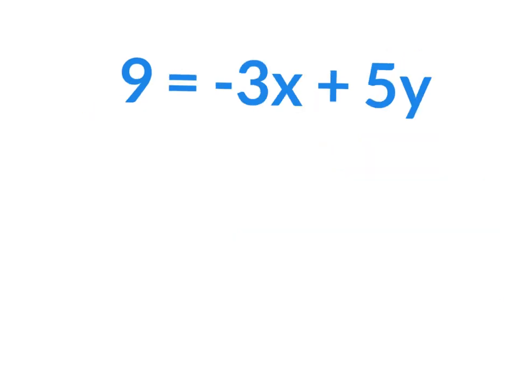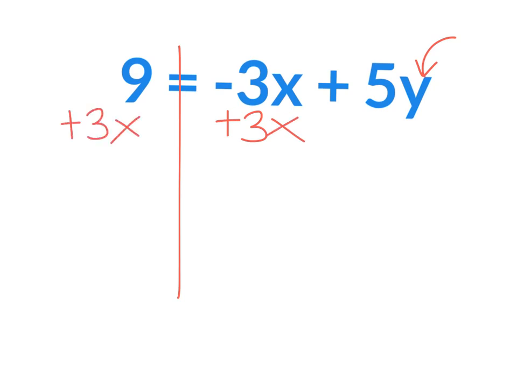Okay, this one is standard form, but if you notice the sides are flipped, the constant is over on the right. So some kids don't like it like this. They'll right at the beginning just rewrite it by flipping their signs, but I'm just going to leave it like it is and get this y by itself. So to do that, I'm going to move the 3x by adding first, which on this side gives me 3x plus 9. Now it's plus 9 because that's a positive 9, equals 5y on the right.